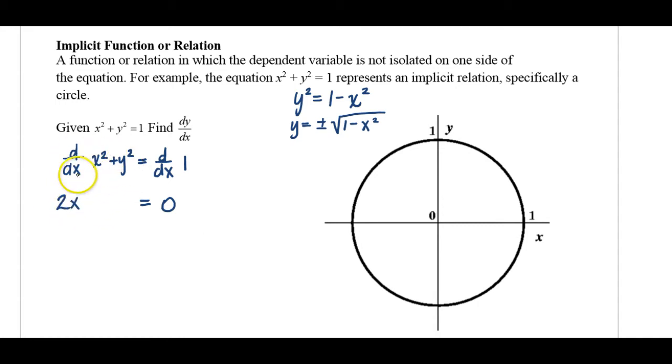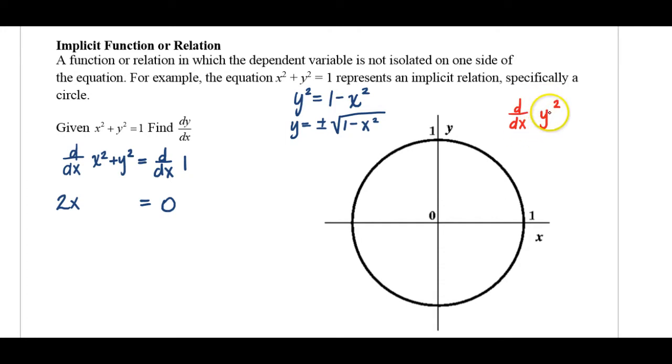But when we get to the derivative with respect to x of y squared, something different is going to happen. So I'm going to pull that problem off to the side. So the derivative with respect to x of y squared. Notice that the variables don't match, so we're doing something different.